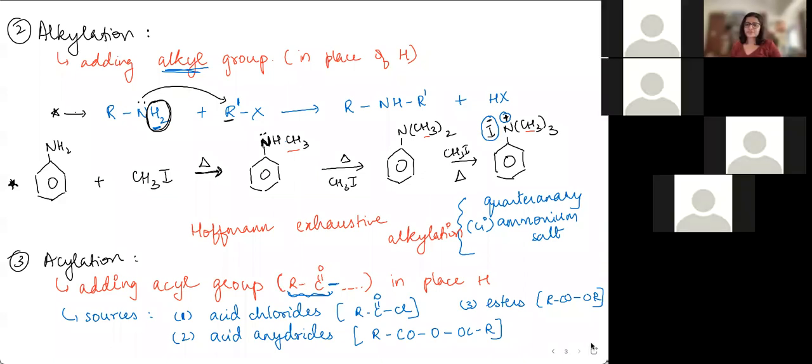So these are your sources. And this reaction is basically a nucleophilic substitution. Substitution means you're substituting the hydrogen with the acyl group.